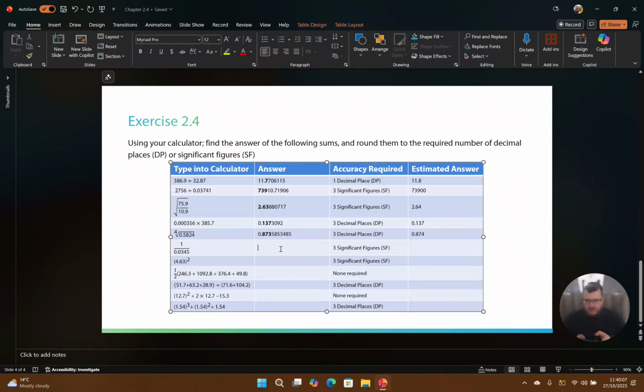Next one is 1. So 1 over 0.0345. So I've got 2000 over 69. Let's see if I can convert that into decimal.